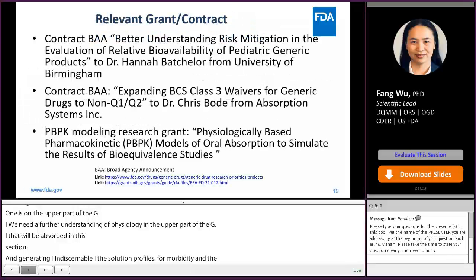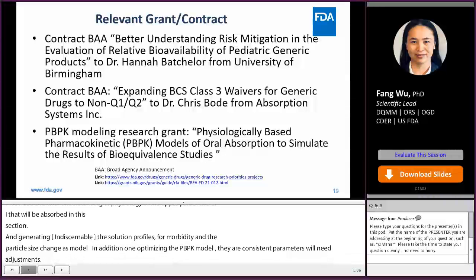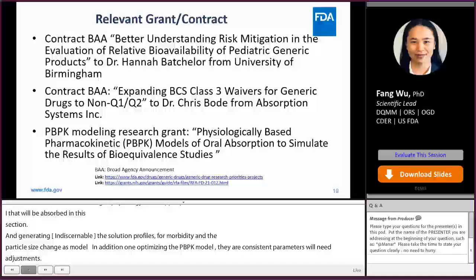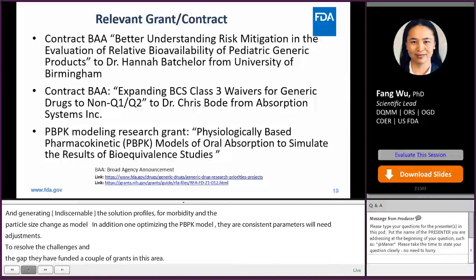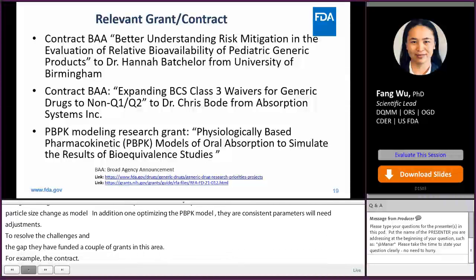To resolve the challenges and fill the knowledge gaps, OGD has funded a couple of contracts and grants in this area. For example, the contract Better Understanding and Risk Mitigation in the Evaluation of Relative Bioavailability of Pediatric Generic Products is to evaluate risk factors associated with the BE assessment of pediatric generic products and whether biorelevant dissolution and PBPK modeling can help mitigate risk.